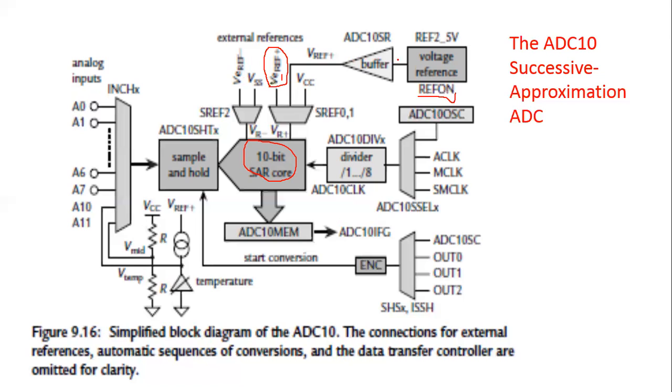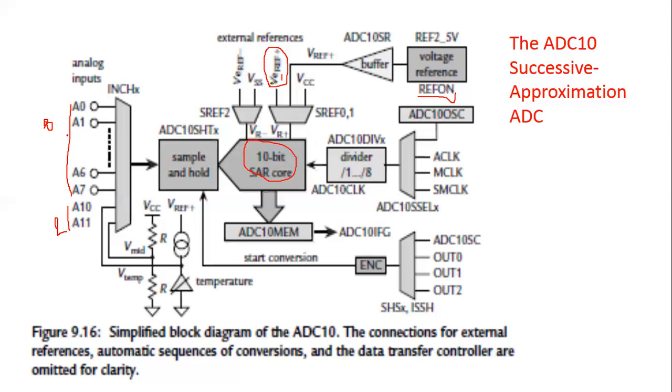Then here we have the successive approximation consisting of a sample and hold circuit. Sample and hold circuit means you have to convert into a number of samples, and for that we need analog signals. Here you have to observe A0 to A7. A total of 8 analog signals are available. In addition to that, 2 internal signals are available.